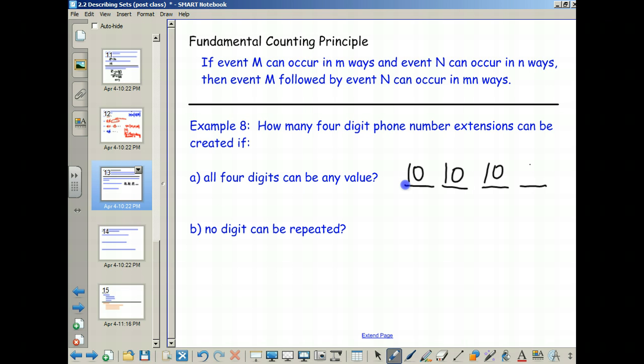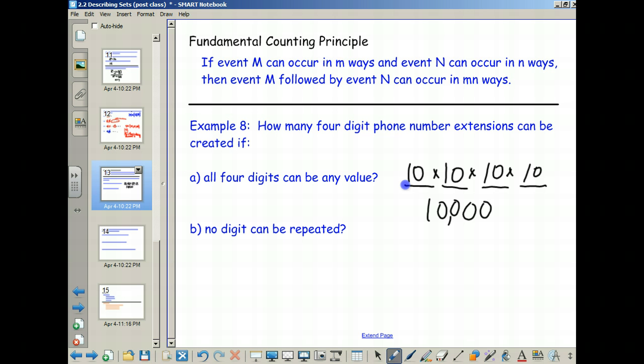And the last one? And I multiply them because that's what the fundamental principle of counting says I'm supposed to do. And what happens when you multiply 10 by itself 4 times? I think you get 1,000. No, 10, that 1, 2, 3, 4, you get 4 zeros. 10,000. There are 10,000 different phone numbers that you get if you only vary the last 4 digits.